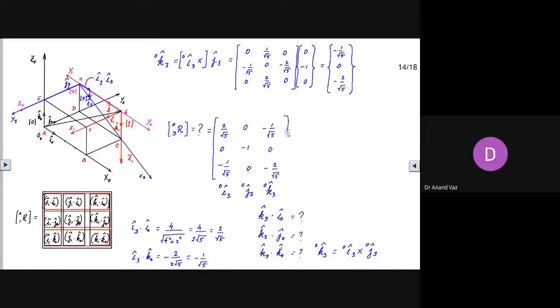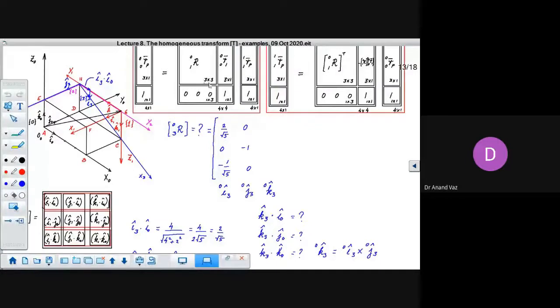So what you have got here is the R matrix. This is needed in order to construct the T matrix. So we have got this part now. We also need the position vector of frame 3 as observed and expressed in frame 0.